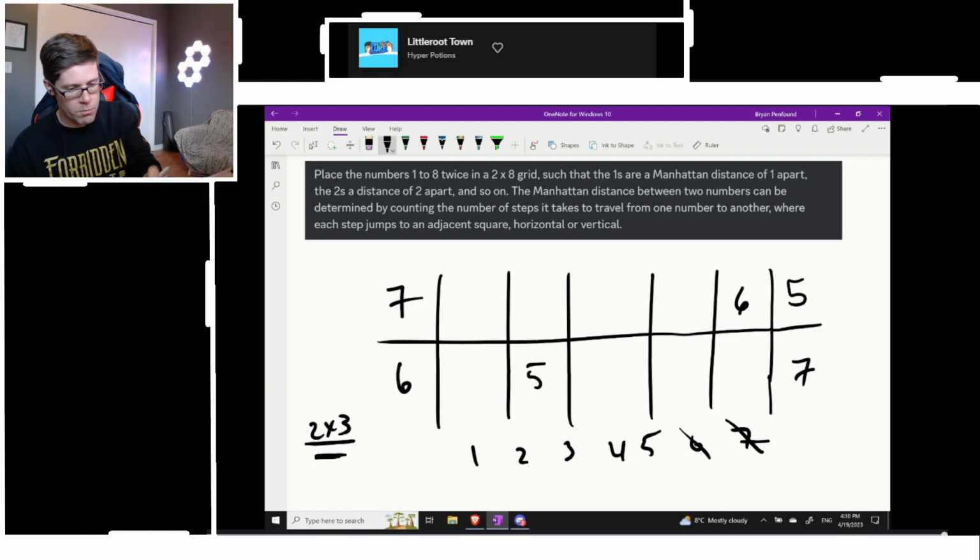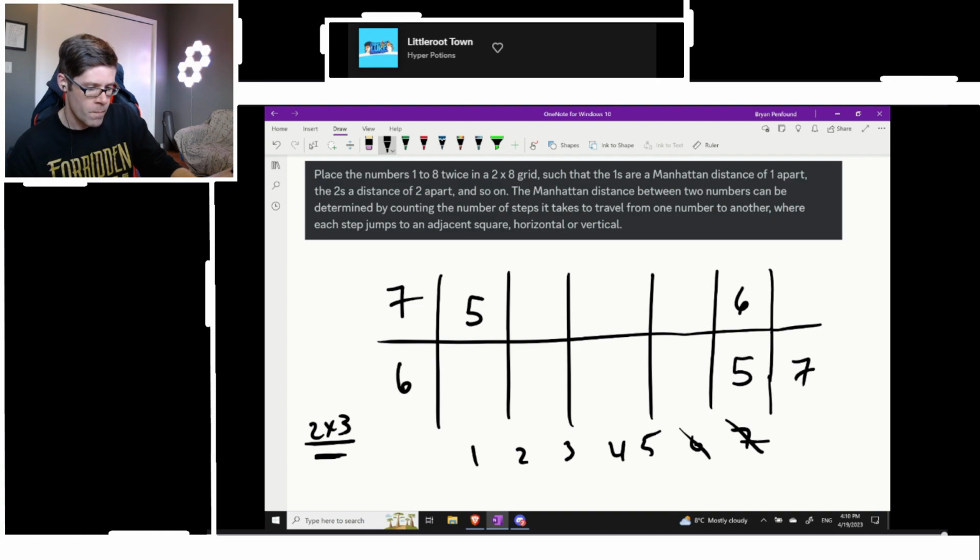And so the only other place that we could do would be here. 1, 2, 3, 4, and here, right? If that's the case, this is our last possibility for the 5s.